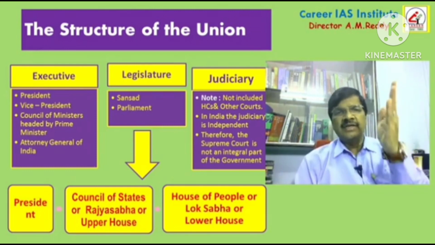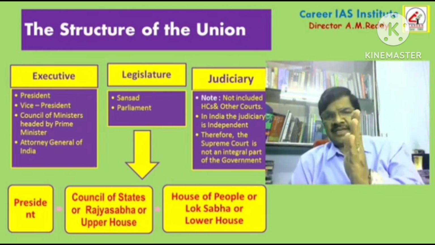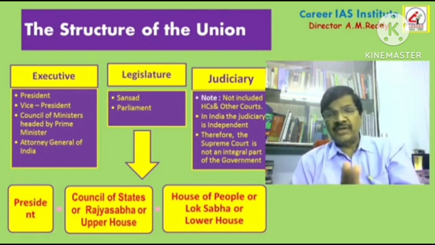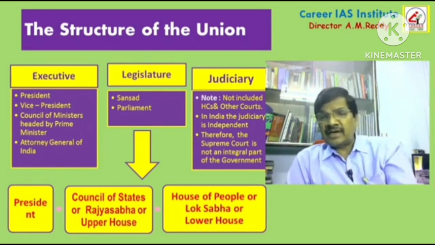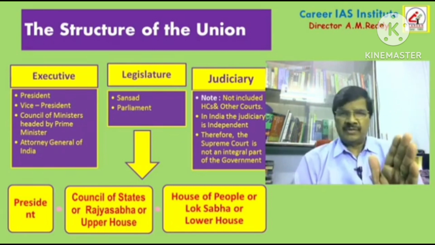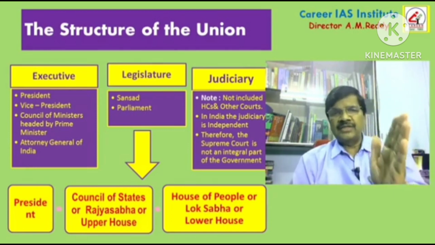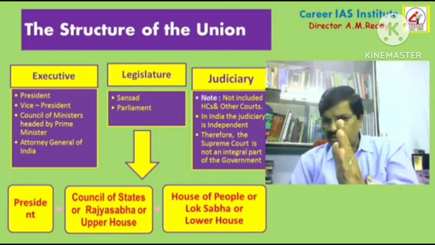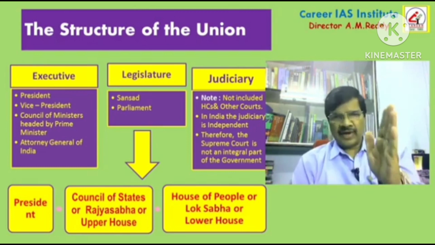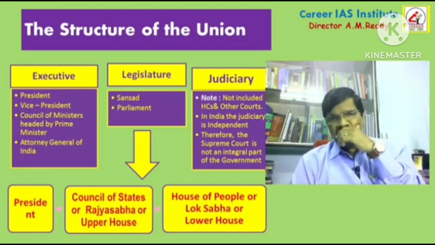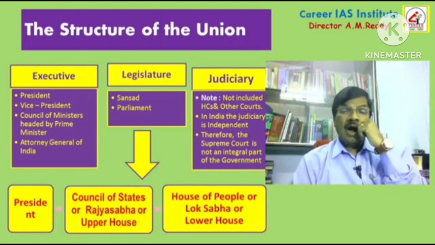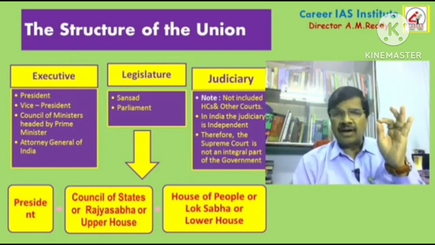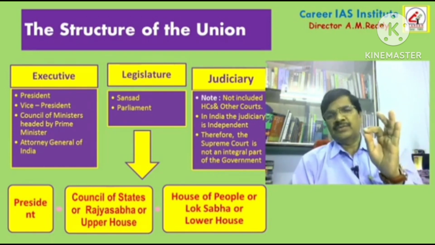Now let us see the union executive, the union legislature, and the judiciary. We should not say union judiciary, because judiciary is independent and it is not a part of the government. So, union executive, legislature, and the provisions relating to the judiciary. In the beginning I told you, articles from 52 to 151, 100 articles, are allotted to part 5.